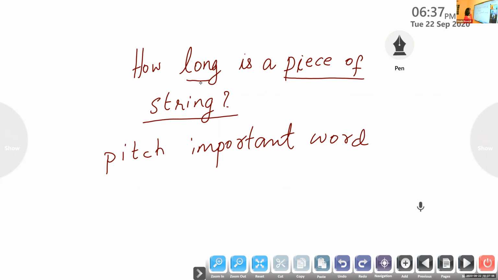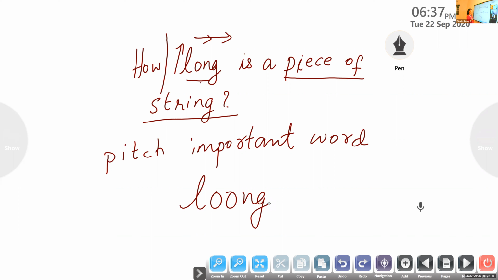So here I have given a pause, which is marked like this. Then I'm giving an arrow here. How long? Then I'm giving this here, which means I am stretching that word by adding some more O. How long?